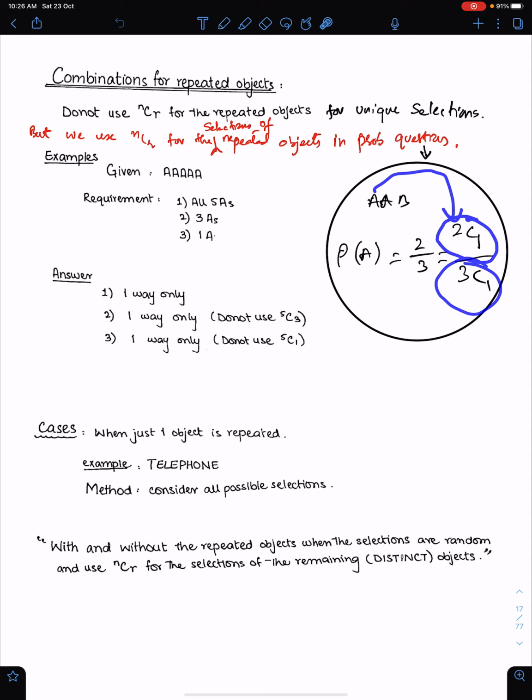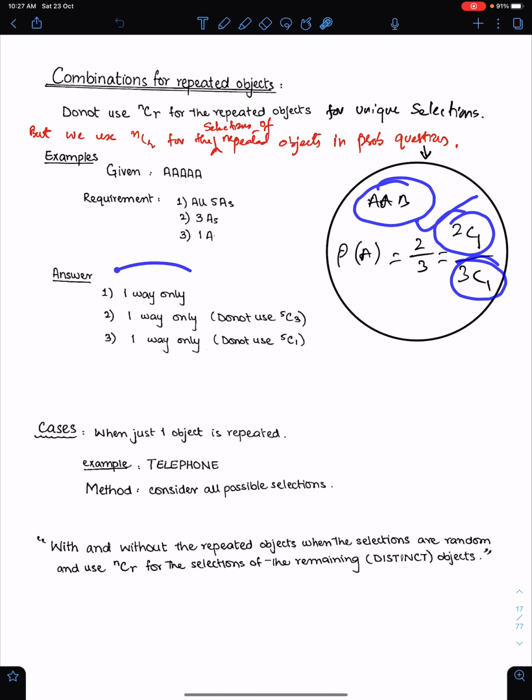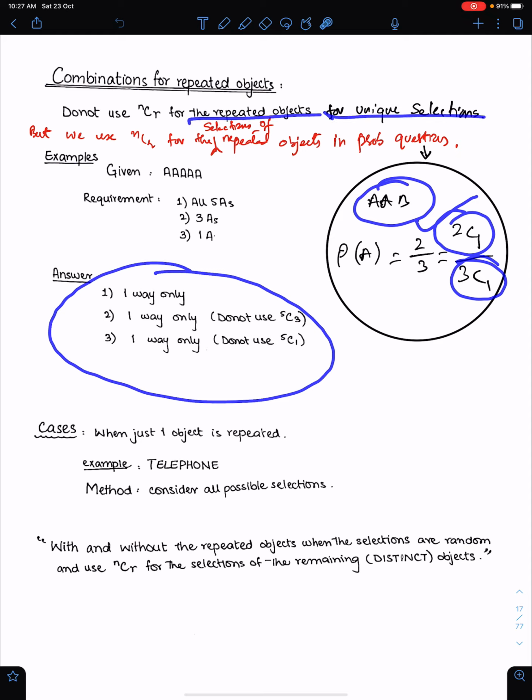So make sure you do not mix this concept, and you must be careful regarding this concept in combinations. So for probability, even for identical objects, we use NCR. Like in this case, I use it. But just for unique selections, like this, for repeated objects, we never use NCR.